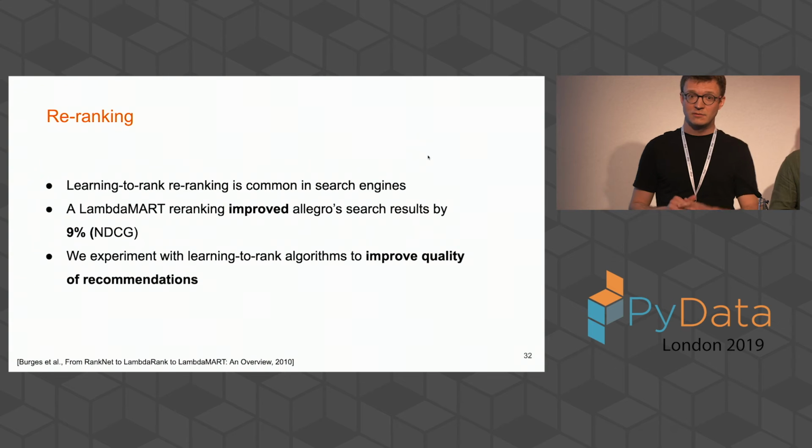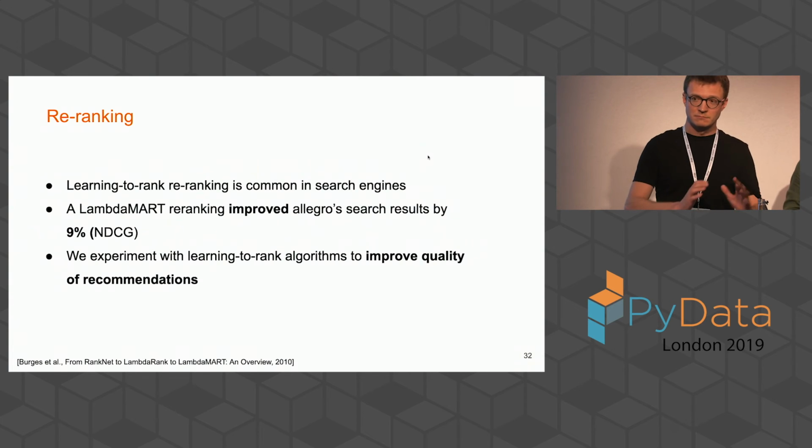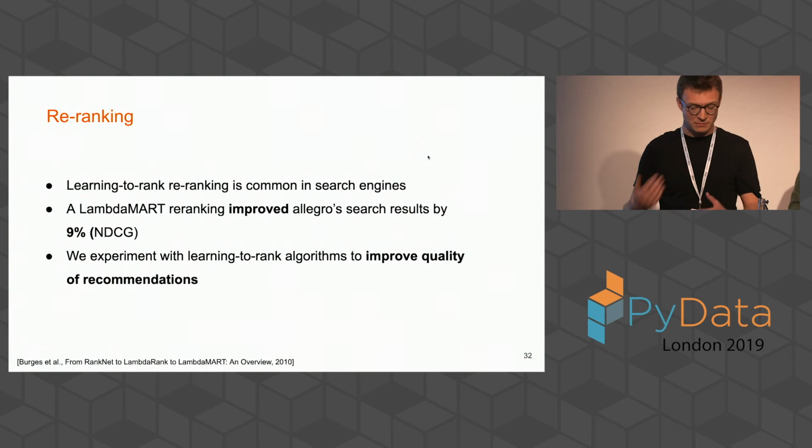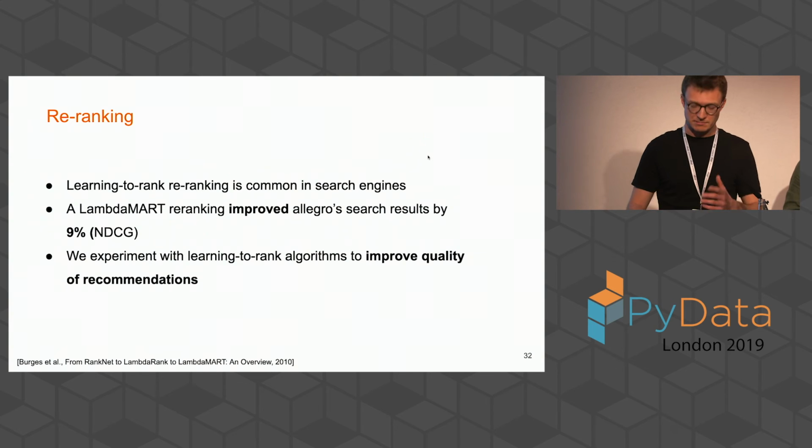In recent years, there are many papers that prove that it's a good idea to apply learning-to-rank re-ranking on top of some recommendation system. Not every placement has this strategy applied in our company yet, but we experiment with learning to rank on top of the nearest neighbors search recommendation system.